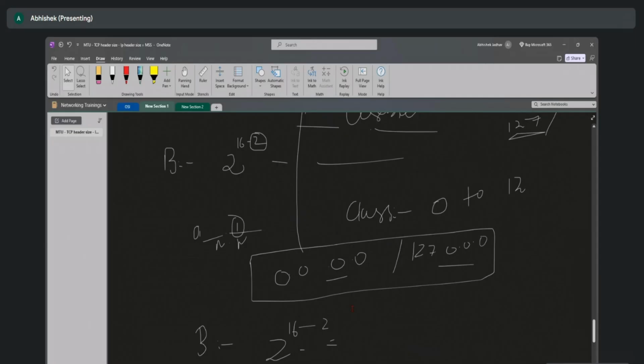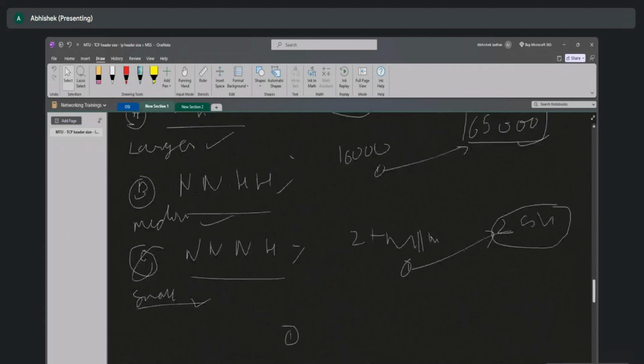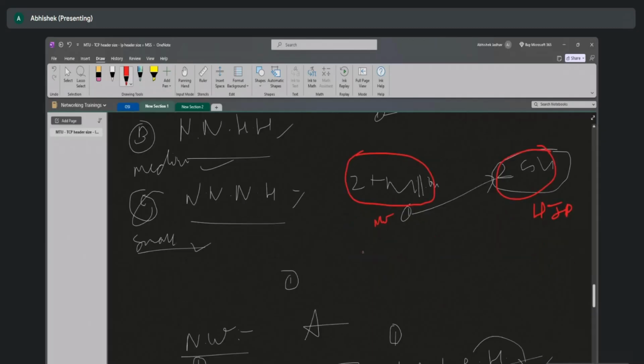If I take you back to what we have just discussed, let's discuss class C because that's the simplest of all. I told you that class B has 2 million plus network IPs, right? And 254 host IPs. So if I consider any one network among class C, let's say 192.168.0.1, let's assume this is a network. In this network, there will be around 254 host IPs.